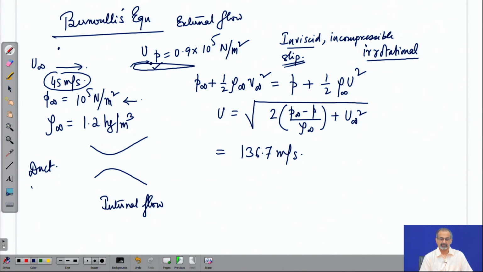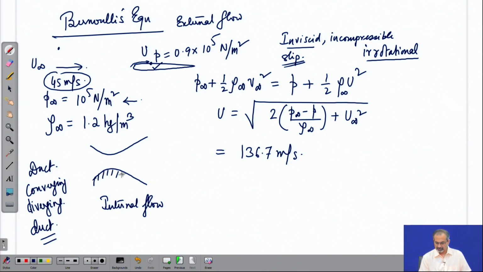We would call this a variable cross section, or better to call it a converging diverging duct.